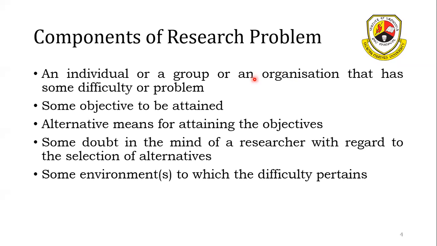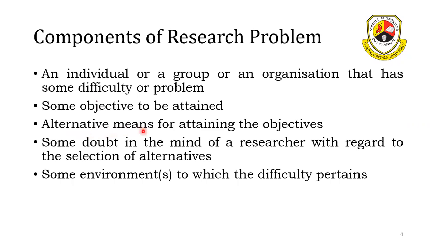Now, once that problem has been identified, then an objective is obtained. This may be stated in the form of a research question, a hypothesis, or actually as an objective, but something is stated like: this is what, as a researcher, I want to do in regard to this specific problem.